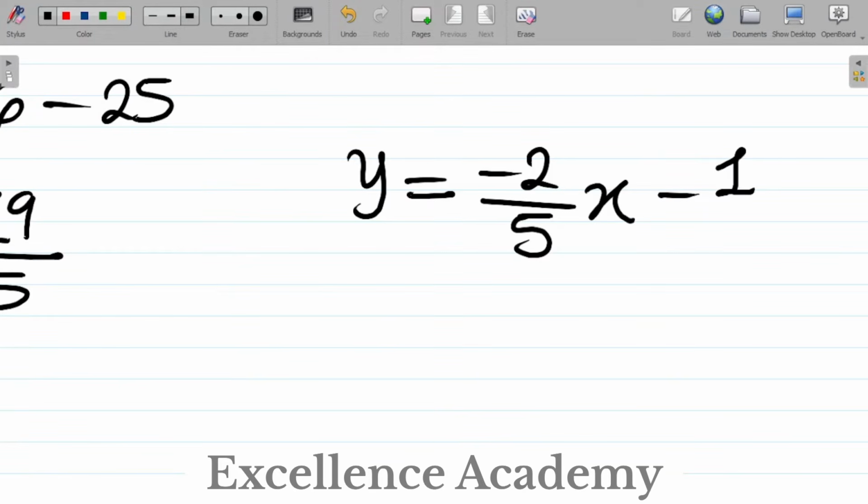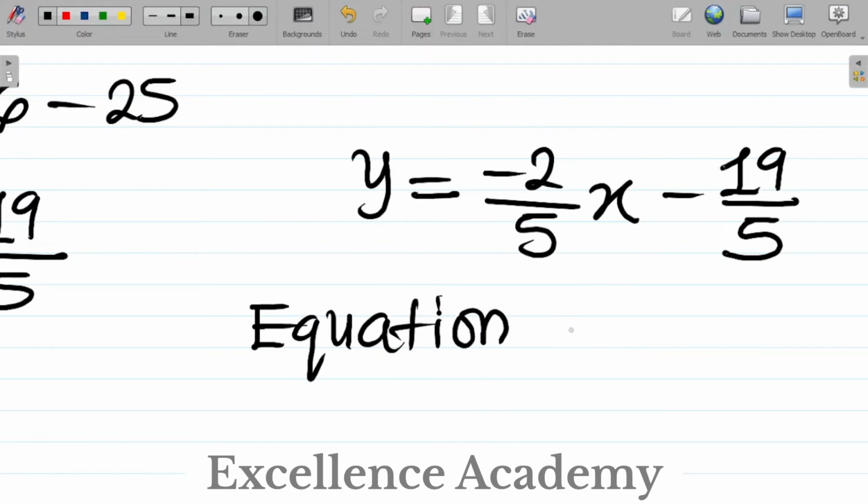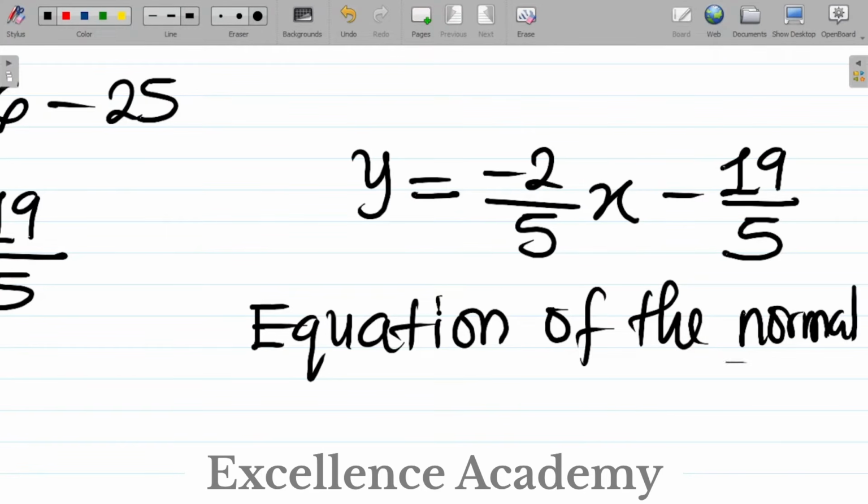This becomes the equation of the normal. So basically, this is how we solve this particular question.